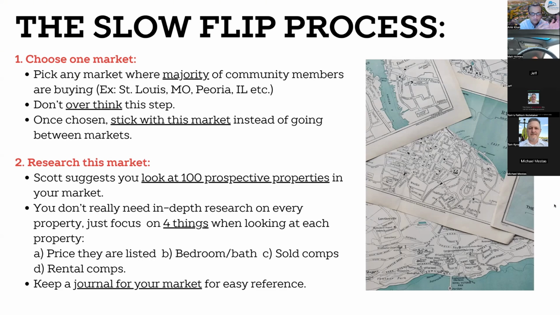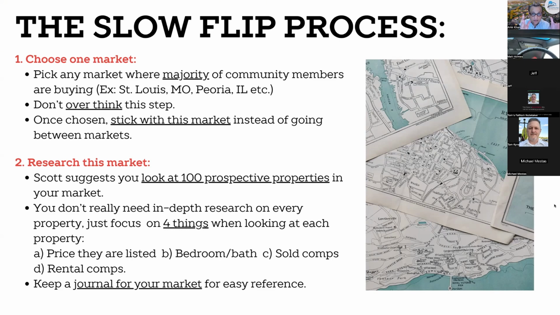For example, in my case, I buy from both wholesalers and I buy on the MLS. After a while, depending on how the market fluctuates, sometimes the inventory goes down drastically. So let's say I was thinking about, although it never happens in St. Louis, but let's say Peoria, Missouri, sorry, Peoria, Illinois.